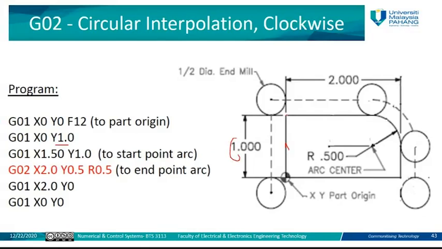Then it will go again on the x-axis, and y starts at 1. So G01, x equal to 1.5, y equal to 1, which is the point here, the start point of the arc at the border, before changing from linear profiling into circular profiling clockwise.